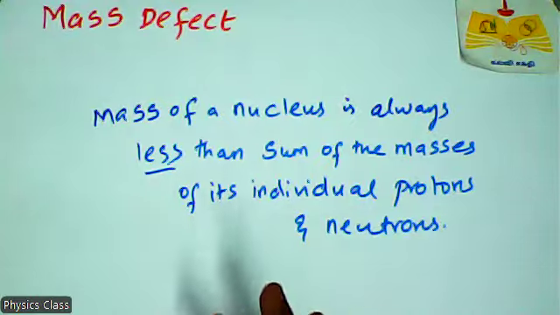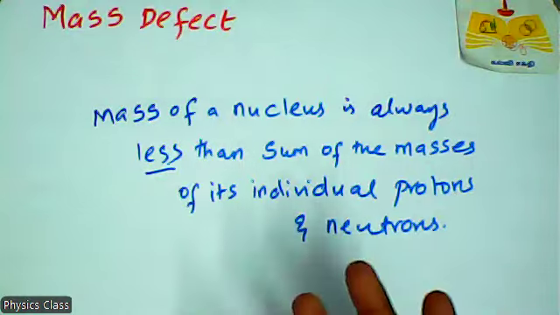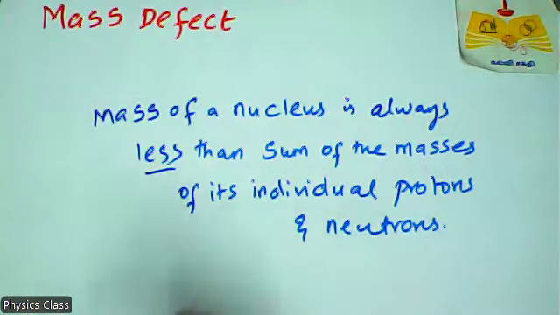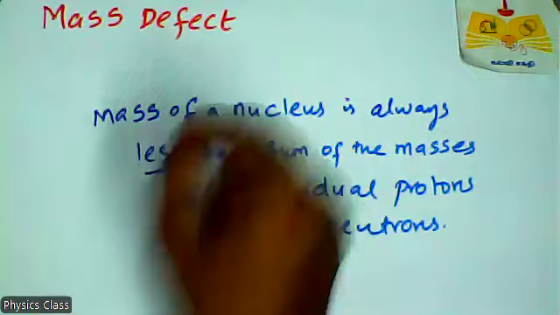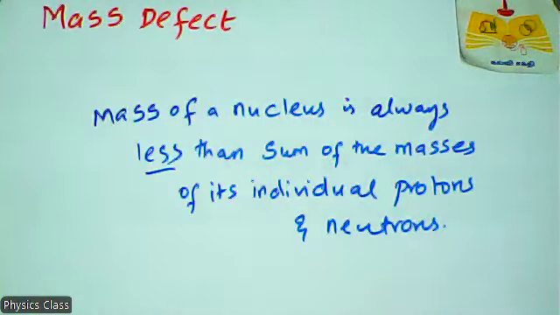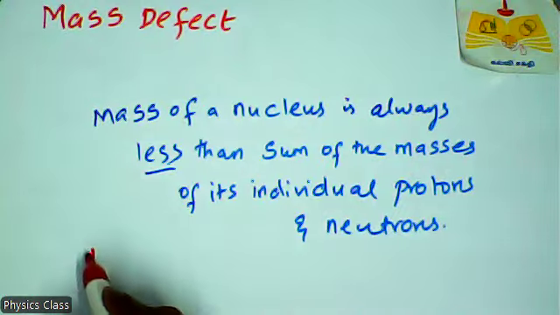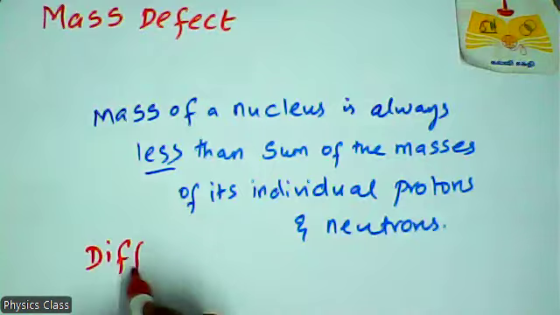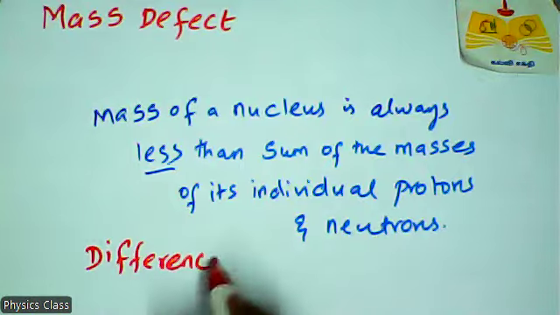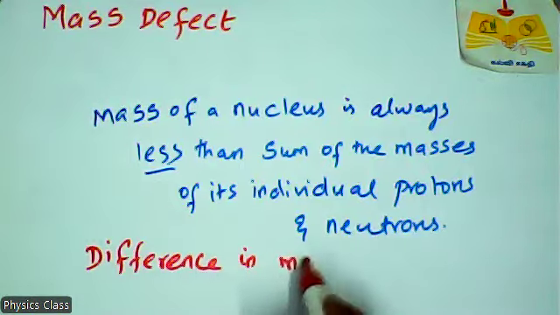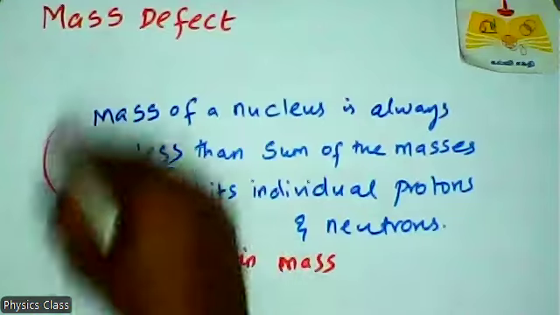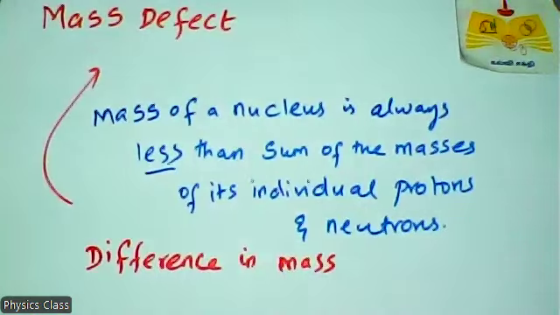Already you know that the nucleus is made up of protons and neutrons, but in terms of mass there is a difference. This difference in mass is called mass defect.